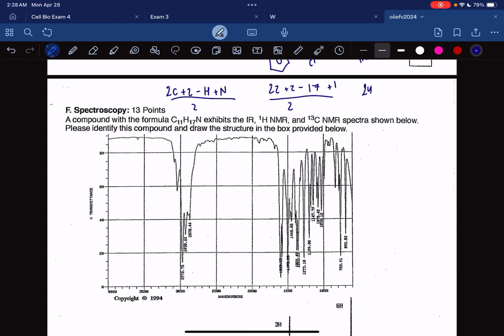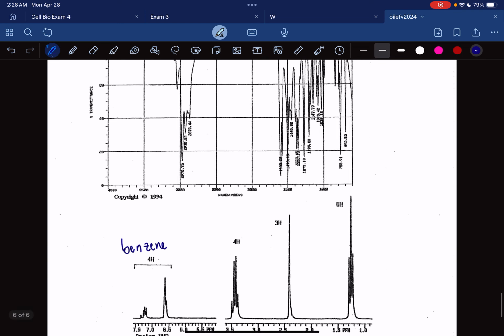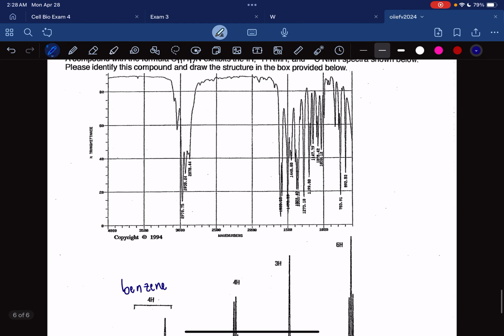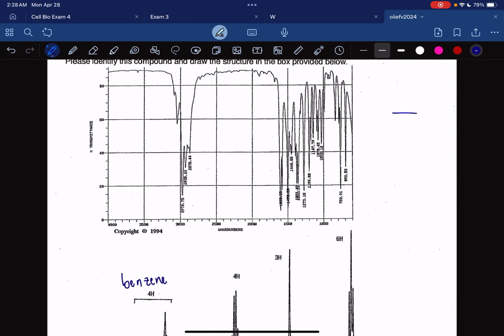So 24 minus 17 plus 1 over 2 is 8 over 2, which equals 4. So 4 is the perfect number for benzene. And so the odds are you will have some benzene ring.